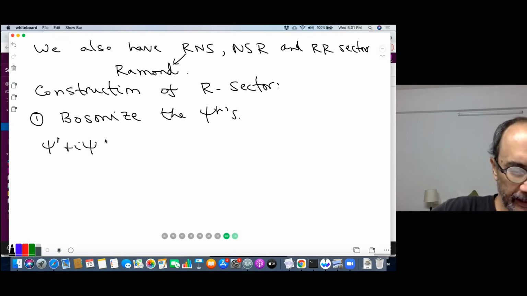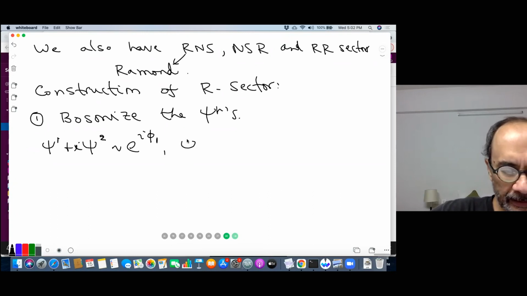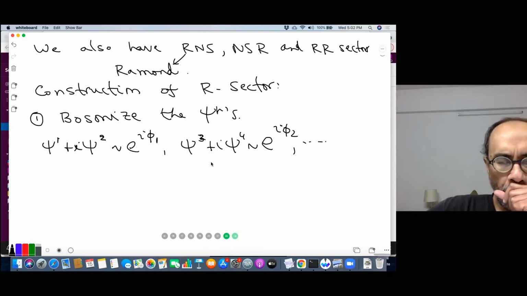Here it's easiest to do in the Euclidean formulation, but then you can go back to Minkowski signature: psi 1 plus i psi 2 as e to the i phi 1, where this phi is a boson. Similarly, psi 3 plus i psi 4 as e to the i phi 2, and so on. So you get 5 bosons this way.